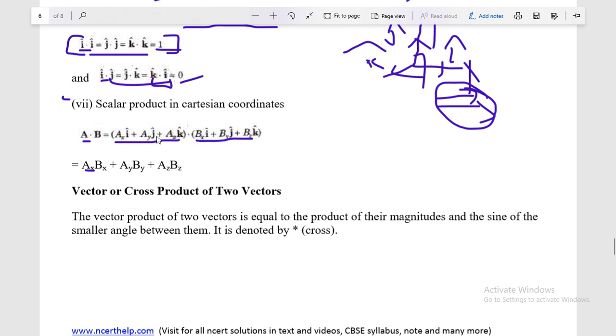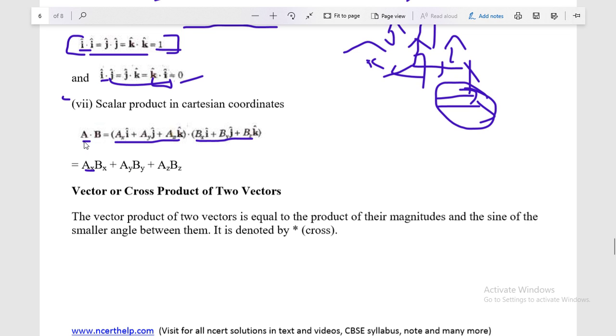It means if you take the product with i from this part, we will get only ax bx. Similarly with j you will get only the j part and the others are 0, because j dot i is 0, then j dot j is 1 and j dot k is 0. So you will get only ay by, and similarly in the last you will get az bz, because k dot i is 0, k dot j is again 0 and k dot k is 1.